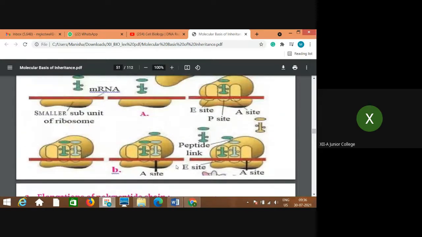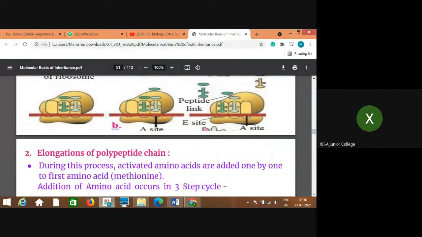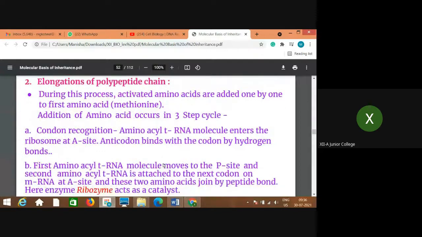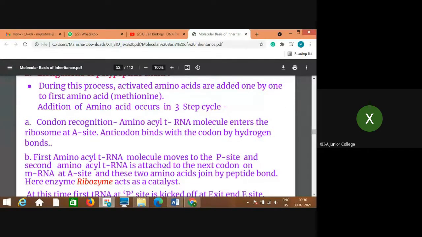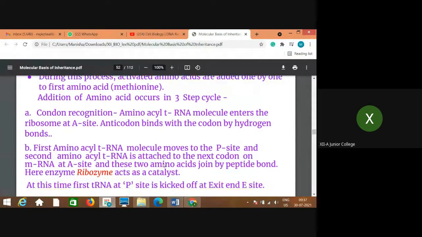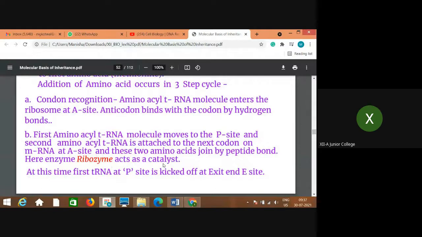And when, one by one, the tRNAs are carried and get attached carrying the amino acid, that is the formation of peptide bonds forming the chain, and that is called elongation of the polypeptide chain. During this process, activated amino acids are added one by one to the first amino acid, methionine. Addition of amino acid occurs in three steps. First, codon recognition: the amino acid tRNA molecule enters the ribosome at the A site, and the anticodon binds with the codon by hydrogen bonds.